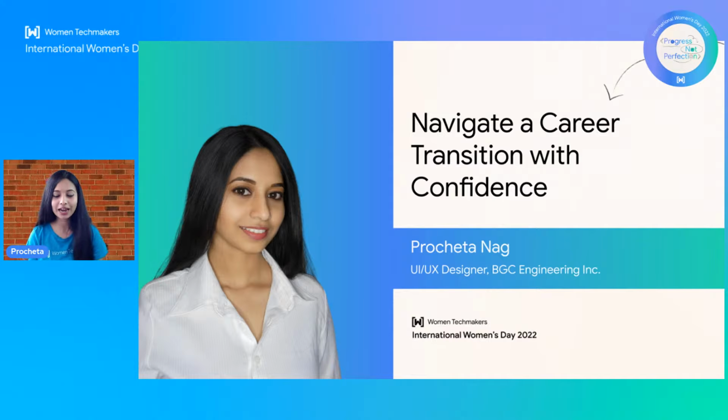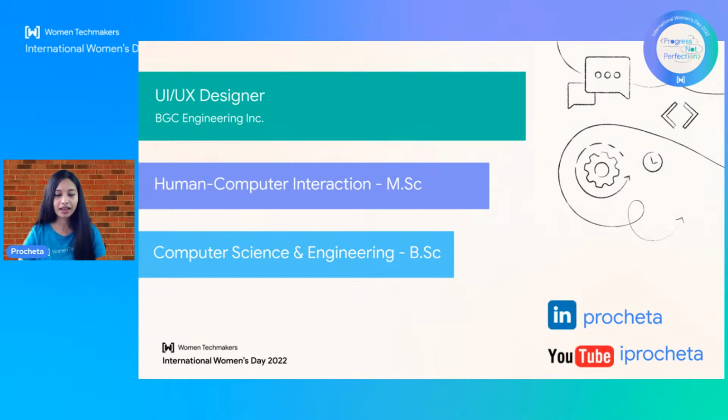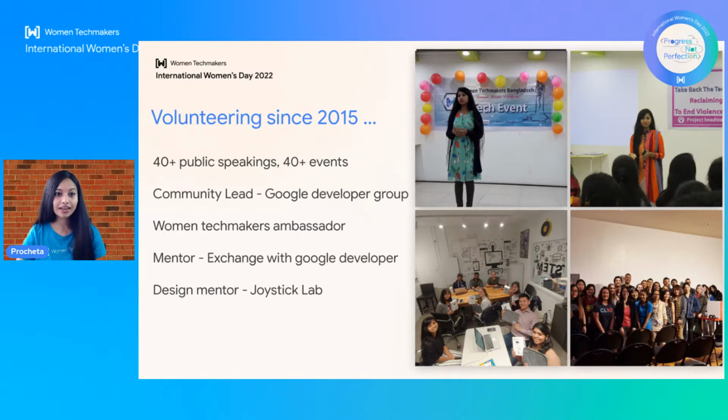Just before that, I want to share a little bit of intro about myself. As Shaima mentioned, my name is Procheta. I am a full-time UX designer working at BGC Engineering in Canada. Before that, I had a master's degree in AI, and I did my bachelor's in computer science and engineering. But that is not the end.